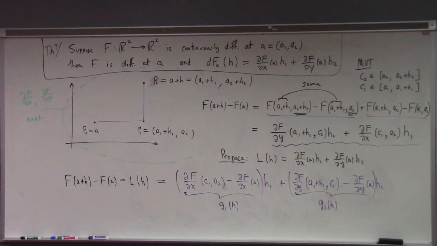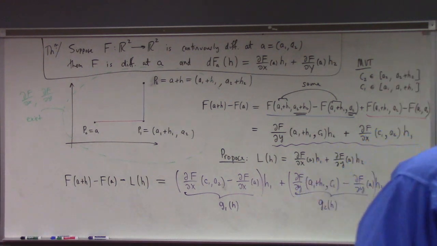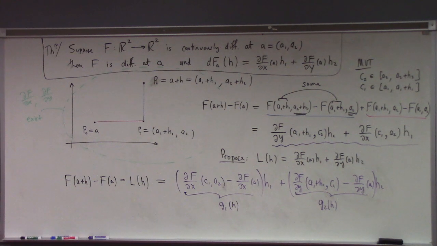So this is less than or equal to the absolute value of G1 of h times h1 over the length of h, plus the absolute value of G2 of h times h2 over the absolute value of h. But my question to you is, what happens as h goes to 0 for G1 and G2, and why?